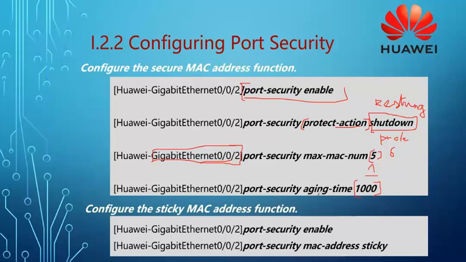Okay, here we can see how to configure the sticky MAC address function. We have talked about it in the classification of port security or the secure MAC address, and we proceed by enabling the port security feature with the port security enable command, and the second command will be port security MAC address sticky.